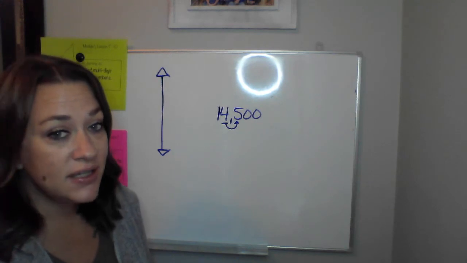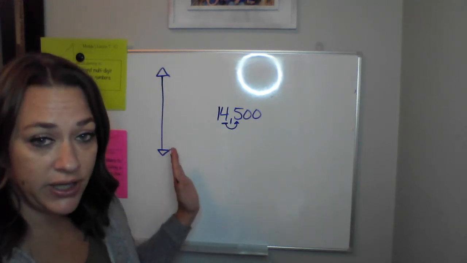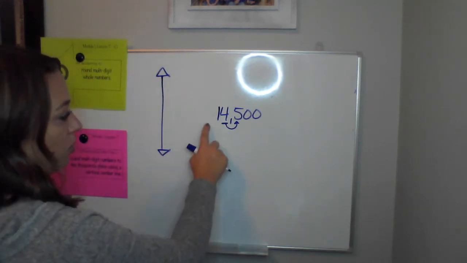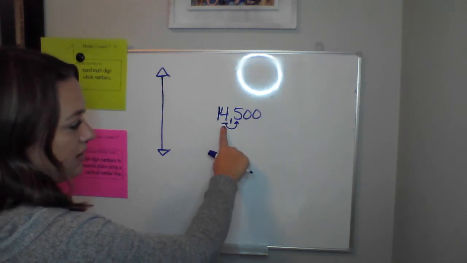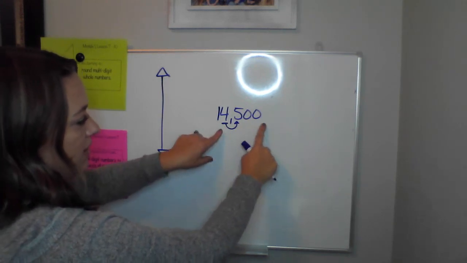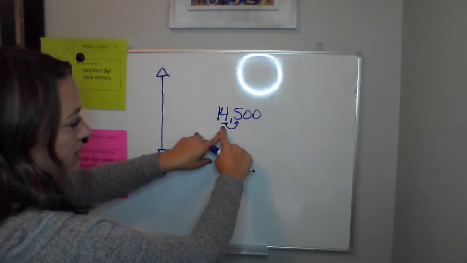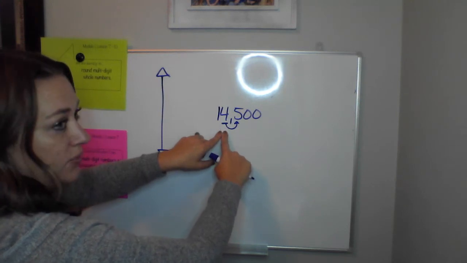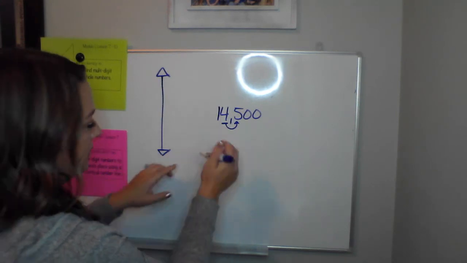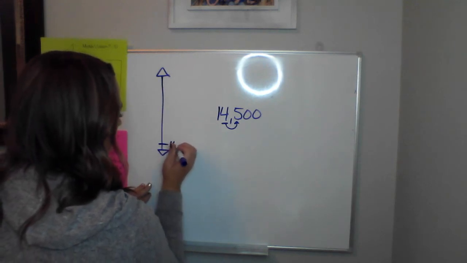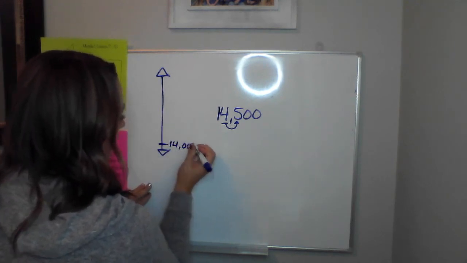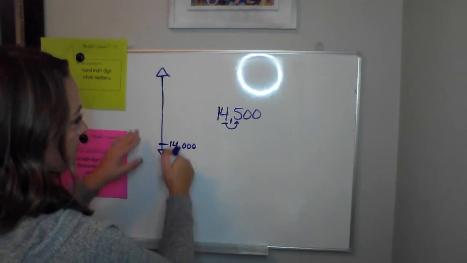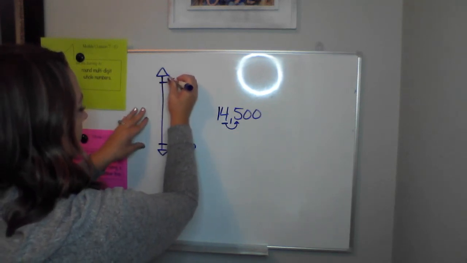We're still going to double check our work on our vertical number line though. So my lower point, I'm rounding to my thousands place, so everything behind it turns to a 0 because I'm going to round either down to 14,000 or one more 1,000 would be 15,000.